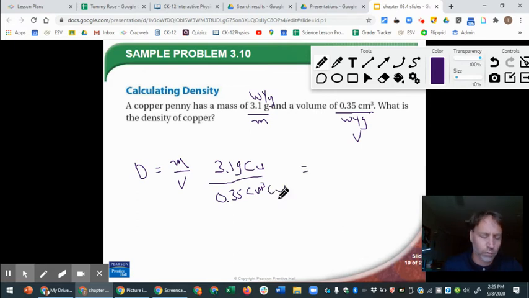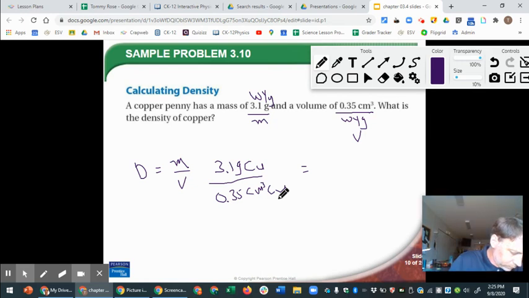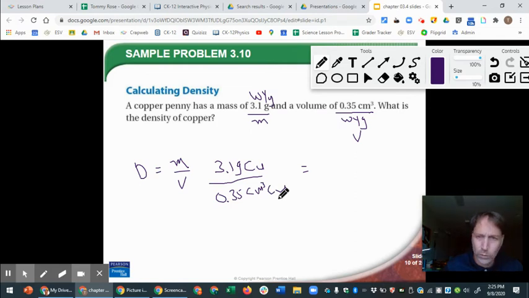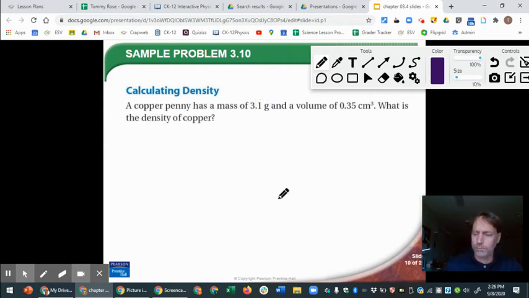We would divide 3.1 by 0.35, and that gives us, using two significant figures, 8.9 grams per centimeter cubed. This is only a correct answer if you have the right number with the right number of significant figures and the right units. Remember, density is mass over volume, mass over volume. All right, so that is that problem.